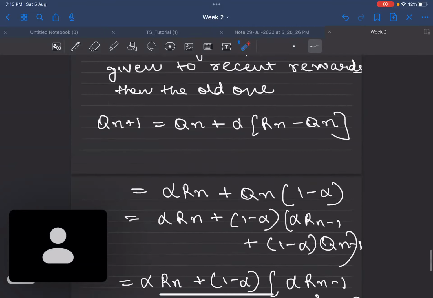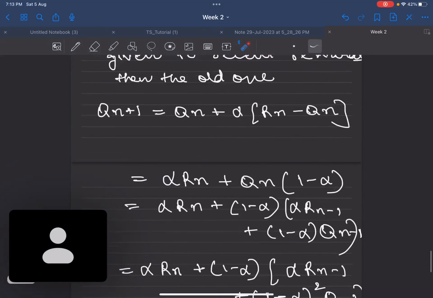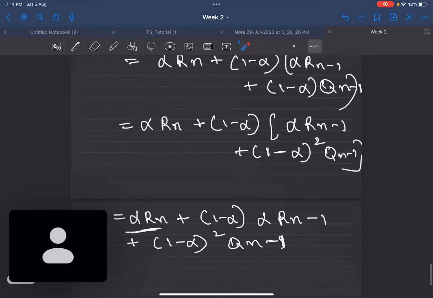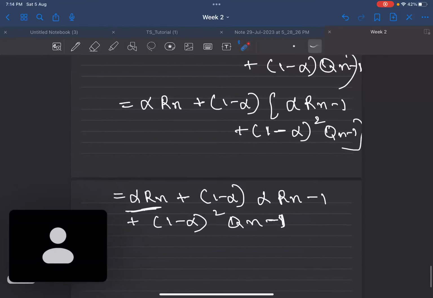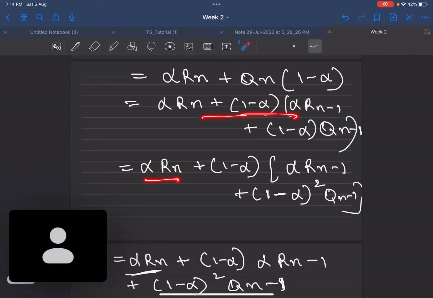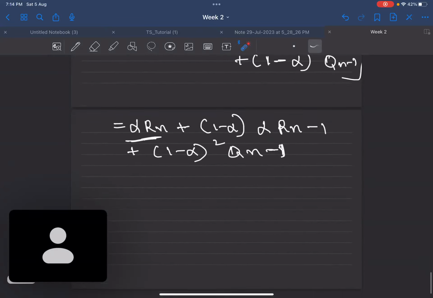Got this? Or should I go again? Ma'am, got it. One thing, in the last equation, it would be Qn minus 2, right? Because twice we have decreased. Wait a second. Alpha Rn plus (1 minus alpha), okay. Now Qn, I have done it: alpha Rn minus 1 plus (1 minus alpha) Qn minus 1. Then we came to alpha Rn. Yes, Qn minus 2 here.